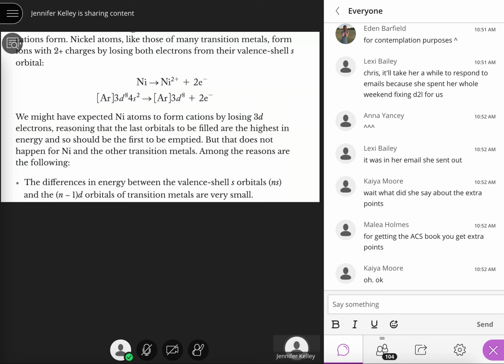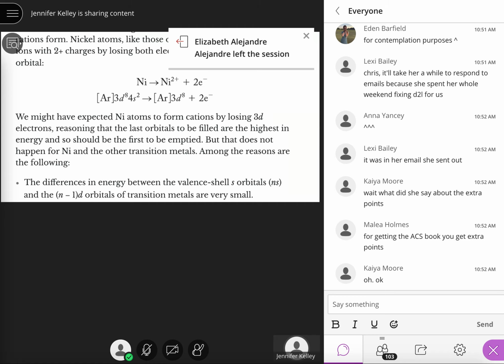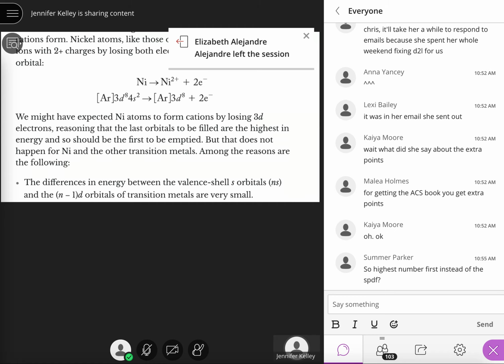As you remove them, the energies change slightly, and that's why you have to remove from the 4s. So, looking at how they did the ion for nickel here, it's argon 3d8 4s2. We're trying to make a 2+ nickel, so they took off the 2 electrons in the 4s, and that just made it 3d8. And then you see they wrote +2 electrons. That just means they've pulled the electrons off.